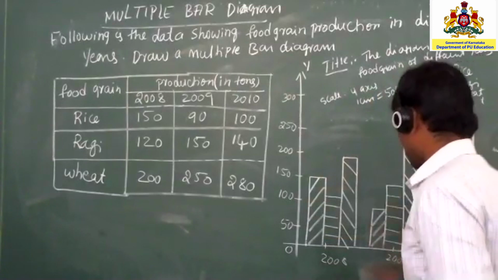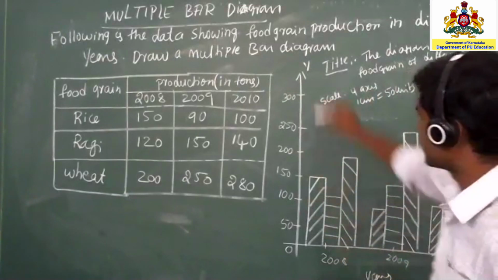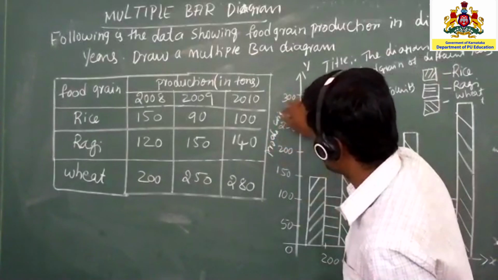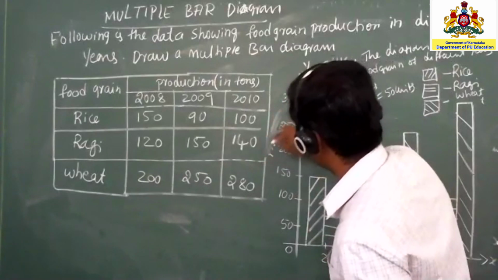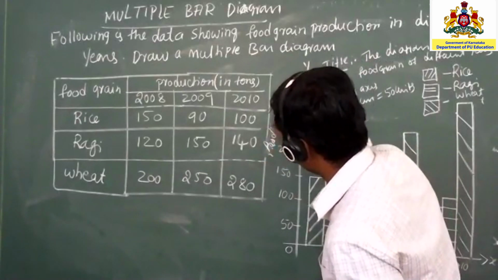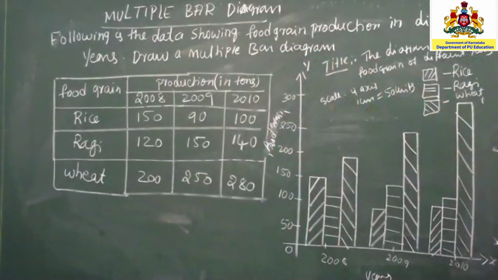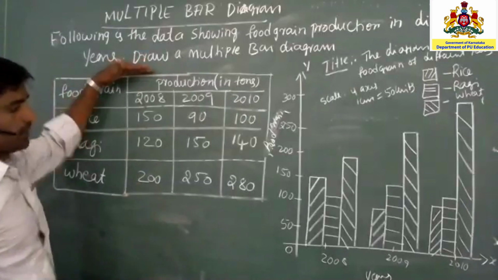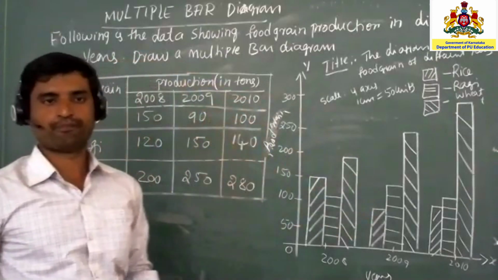The x-axis denotes years and this denotes food grain production. So this is the multiple bar diagram according to the table.